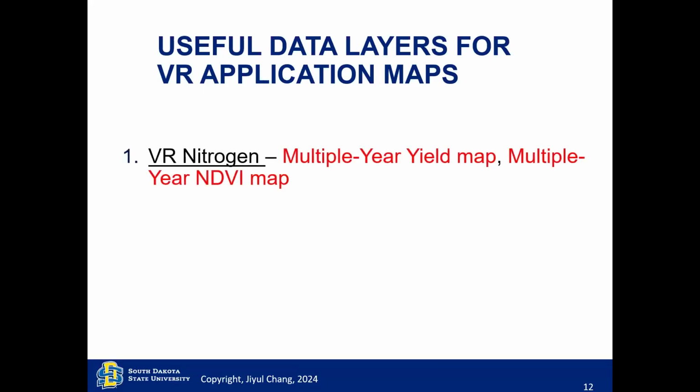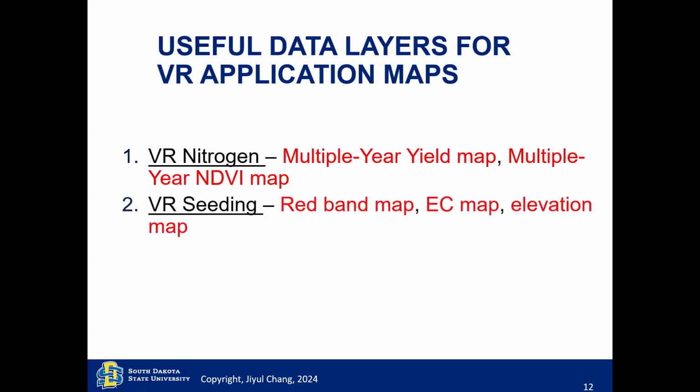To make the variable rate nitrogen application map, usually we need to use a multiple year yield map or multiple year NDVI map. To make the variable rate seeding application map, we can use the red band image map, or EC (electrical conductivity) map, or elevation map.